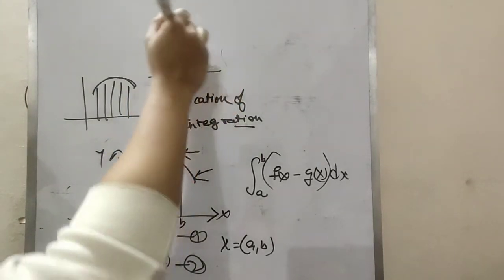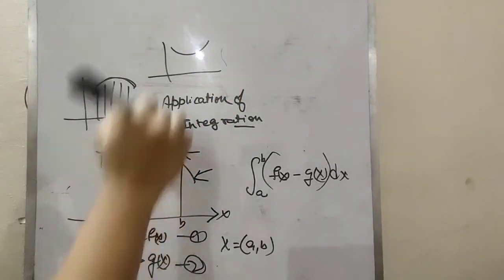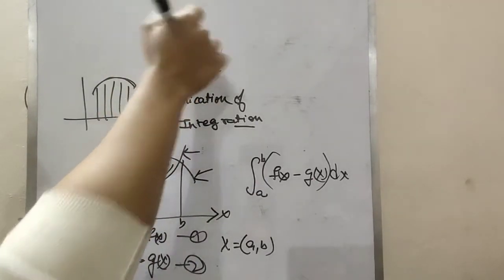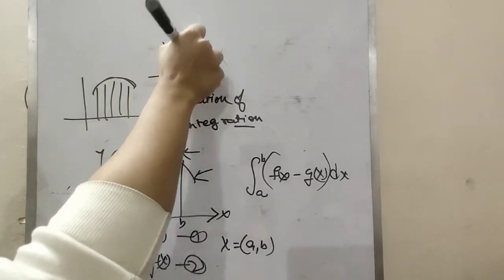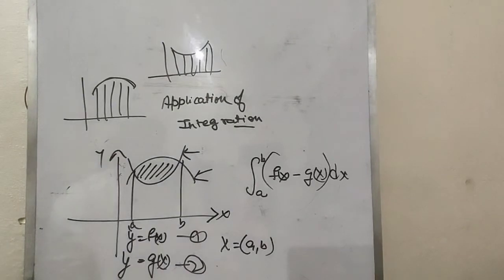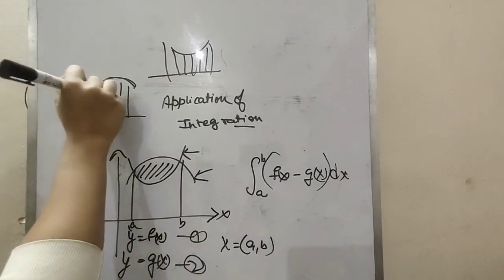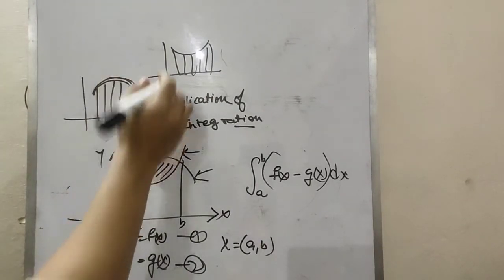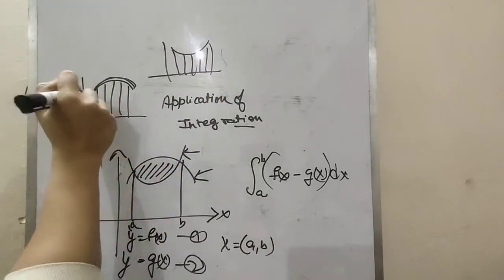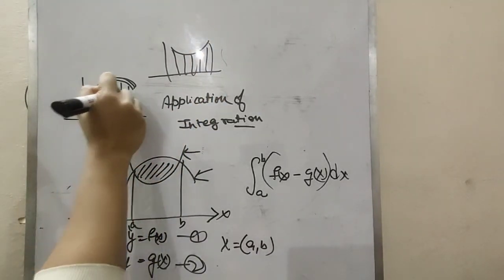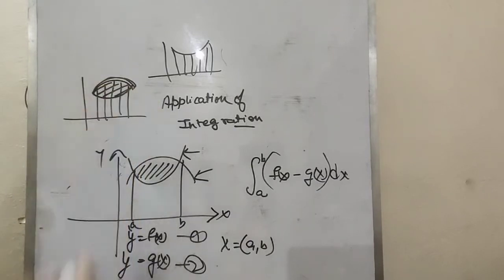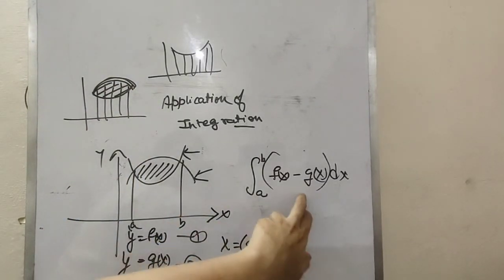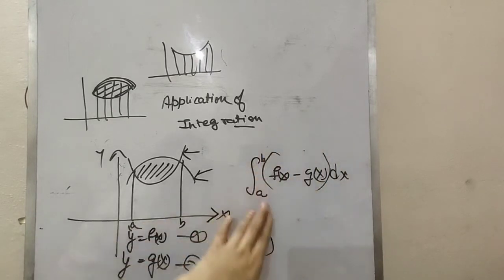And then for example, this is my other curve, so if I integrate this, I'll get the area below this, right? So if I subtract this area from this area, then I'll get the common region that is in between them. So similarly we did this here and we are using this formula.